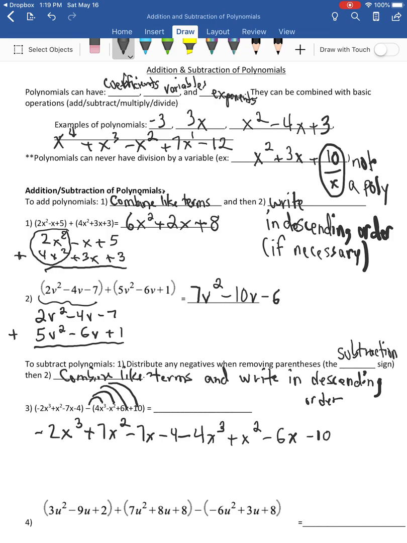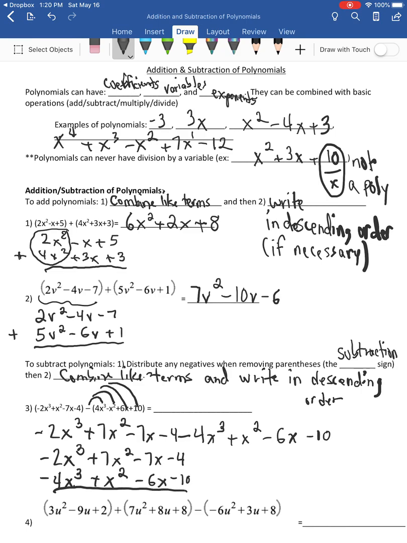Okay, so I just distributed out in this line. Now I'm going to write like terms underneath each other. So we have negative 2x cubed plus 7x squared minus 7x minus 4. Okay, and I'm going to put the negative 4x cubed and then the plus x squared minus 6x and minus 10.